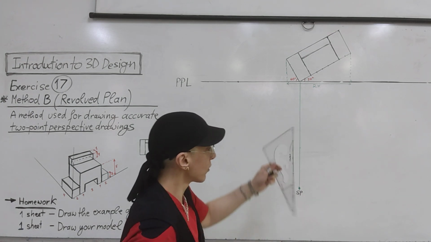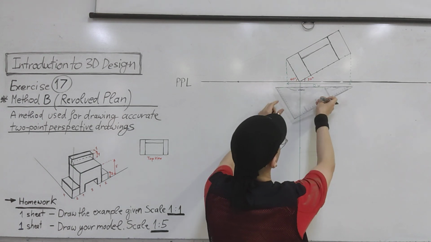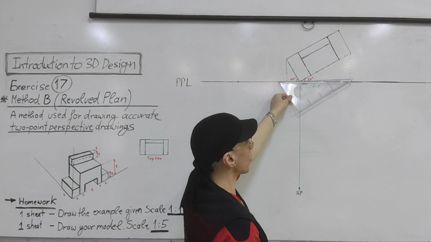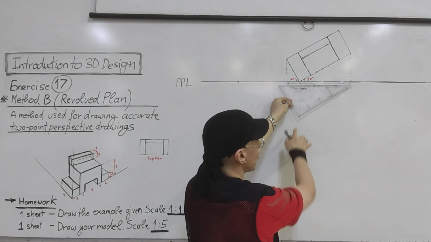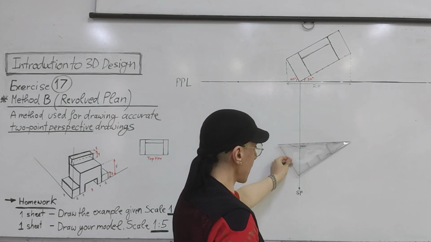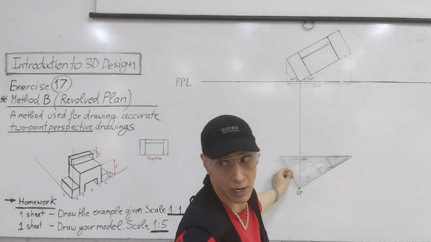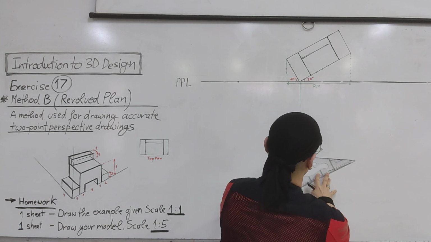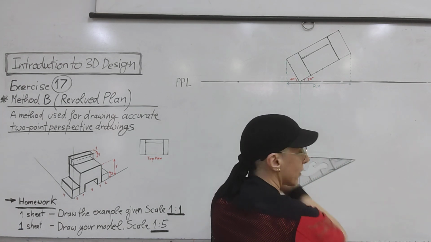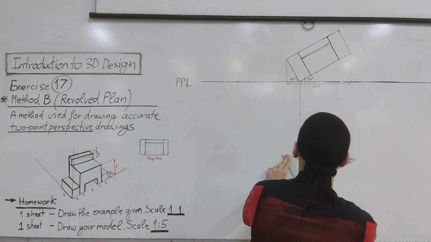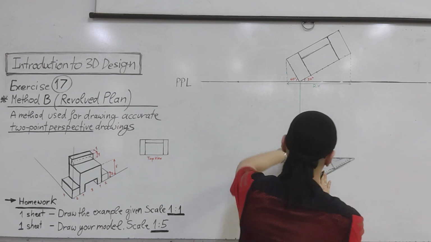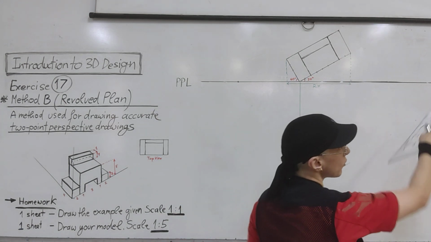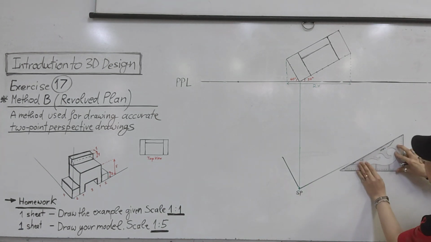Now from this point, we need to do this, okay? So we will take this edge, this corner down until here, which is 2 times the distance. And then we will draw the lines. Continue until you reach the picture plane line.